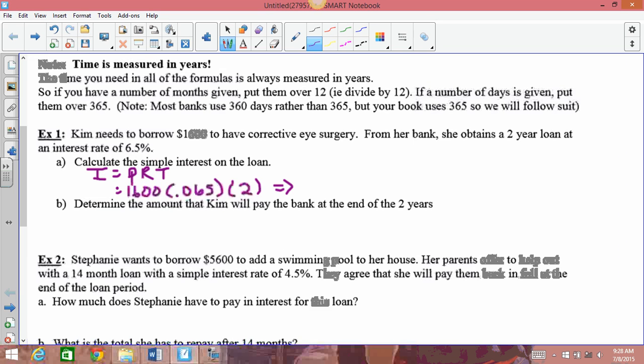Pop that in the calculator, and I should have $208.